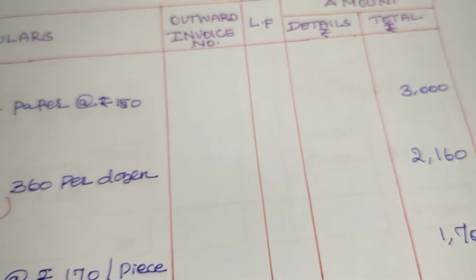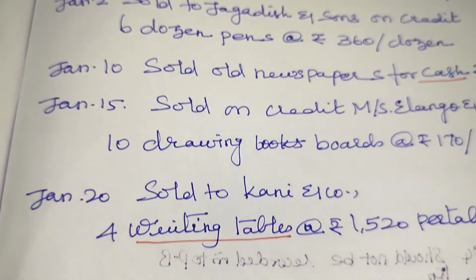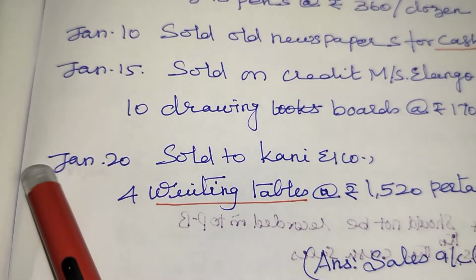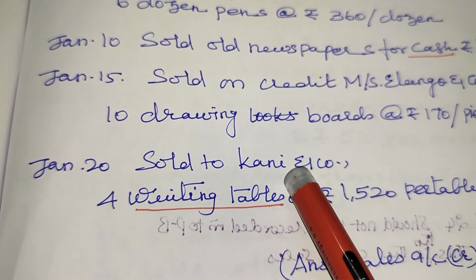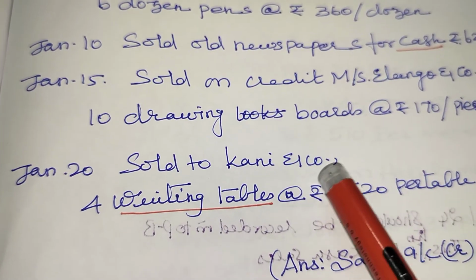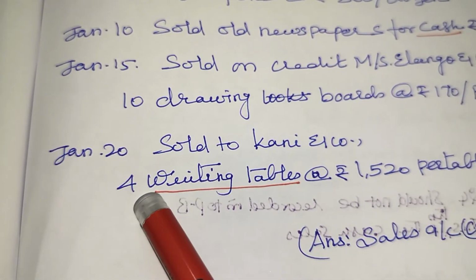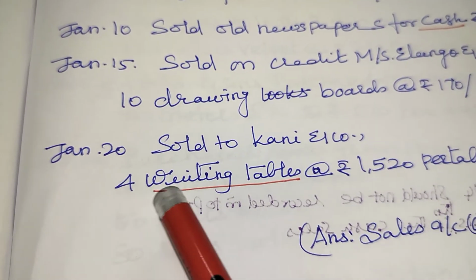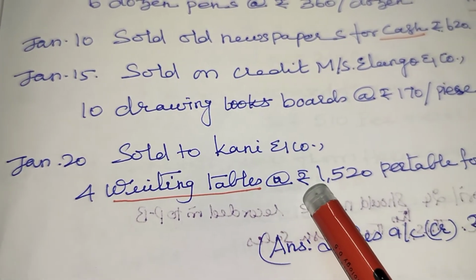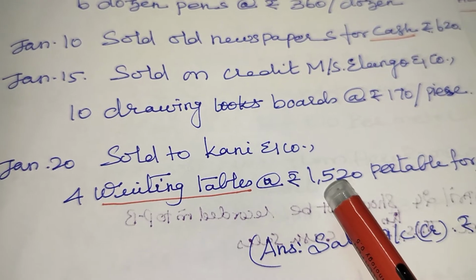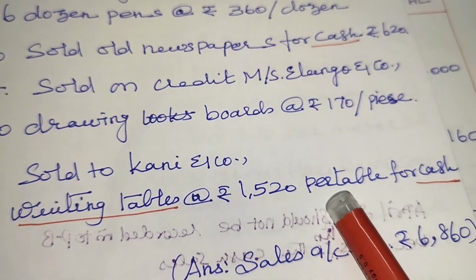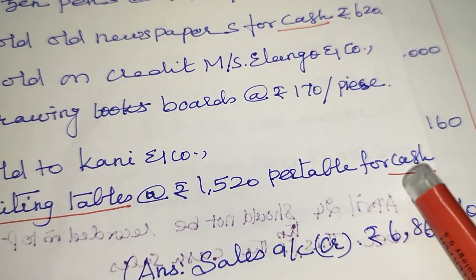Then the next transaction is January 20, sold to Kani and Co. 4 writing tables at rupees 1520 per table for cash.